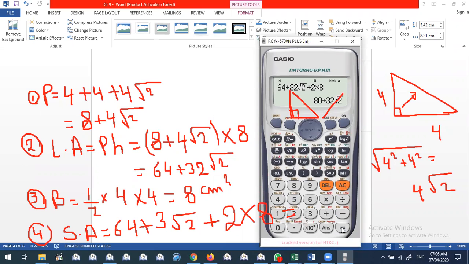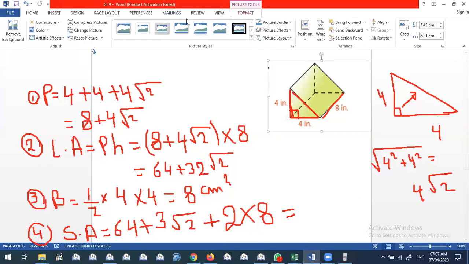Our answer is 80 plus 32 square root 2. So we can use this formula. We finished our lesson. I hope you understood this lesson well. Have a nice day. Thank you.